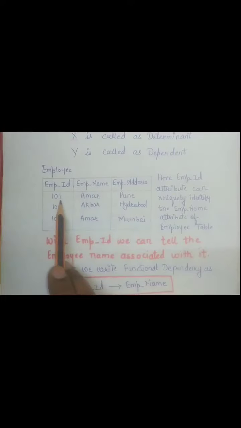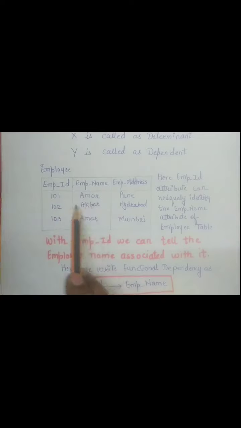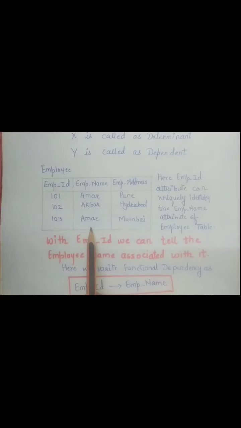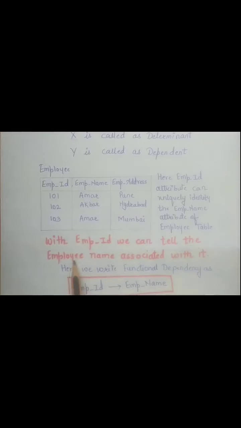Like 101 is the employee ID, it can uniquely identify Amar. Similarly, 102 can uniquely identify Akbar, and 103 can uniquely identify Amar. So with employee ID, we can tell the employee name associated with it.